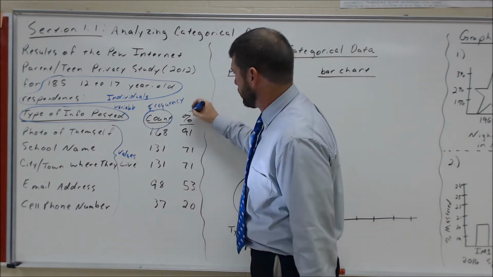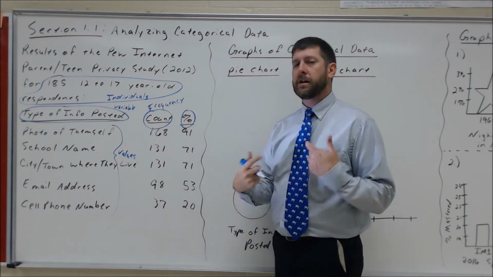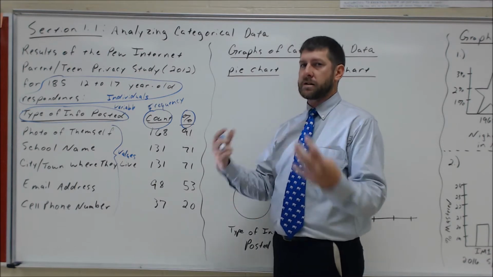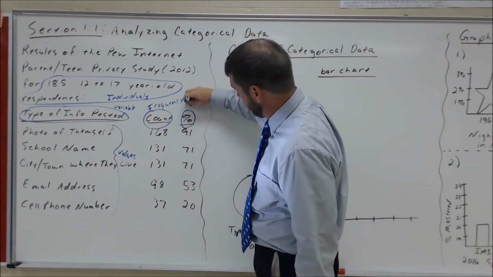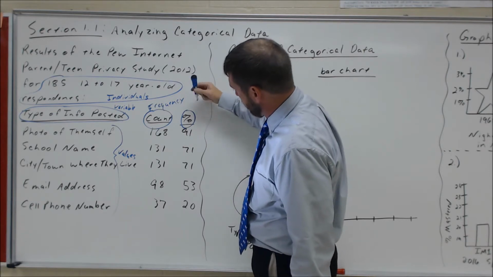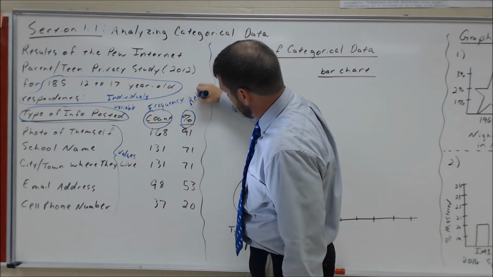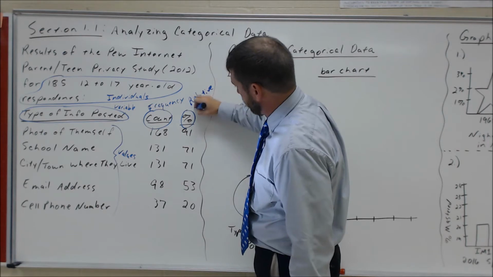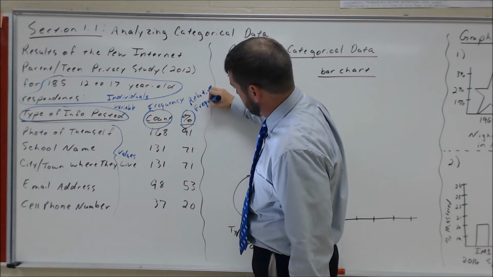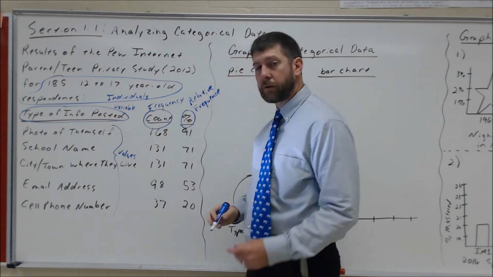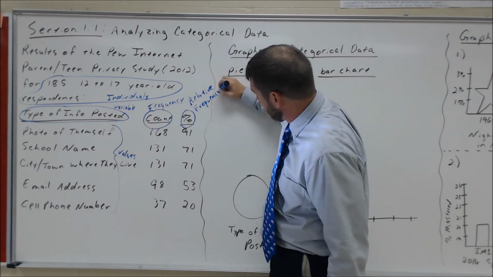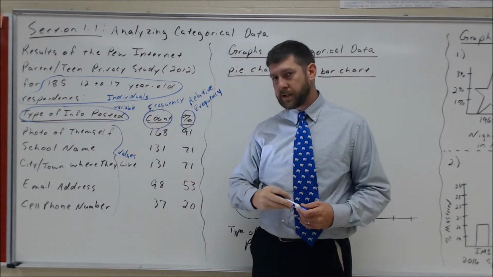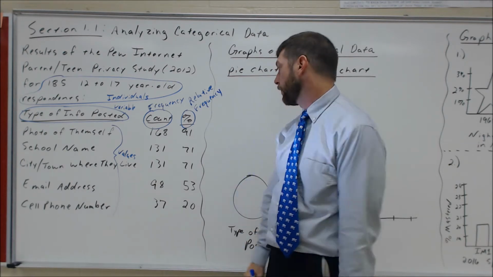So those are still talking about how many people responded, but it's relative to the whole. So we would refer to that as relative frequency. Relative frequency is just a fancy way of saying percentage. It's just converting your data, your counts, your frequencies into percentages, parts of the whole.